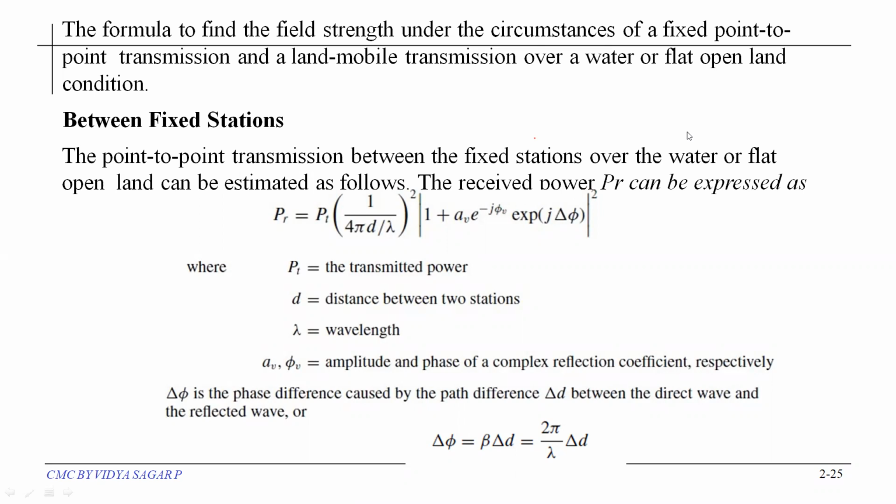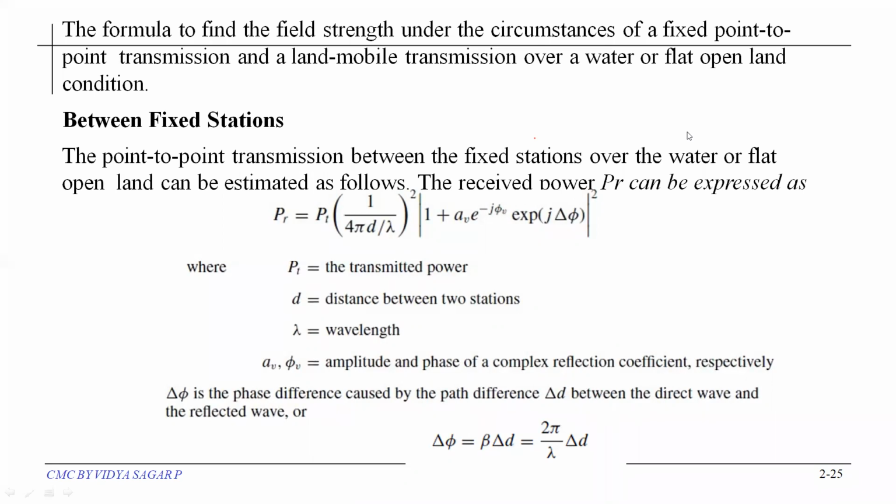This is some exponential term, right? Here, PT is the transmitted power. We will calculate the received power by using this formula between two fixed stations.